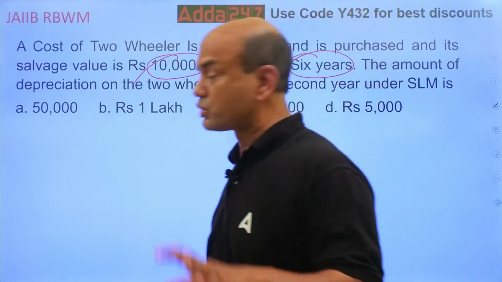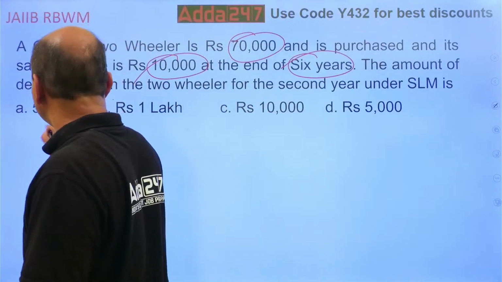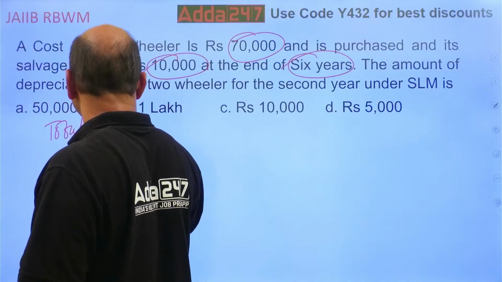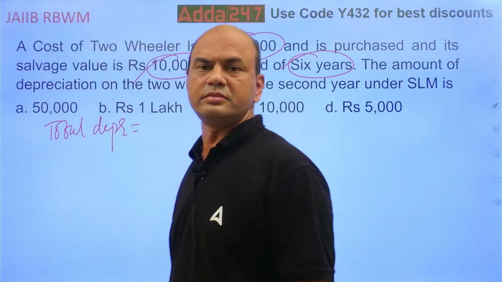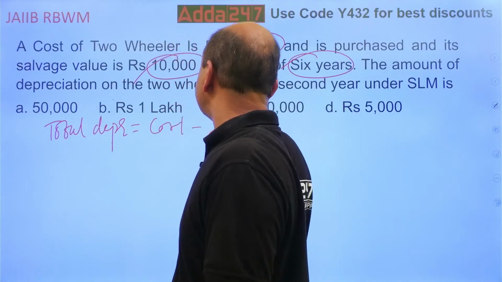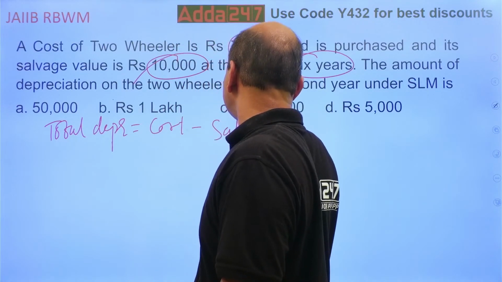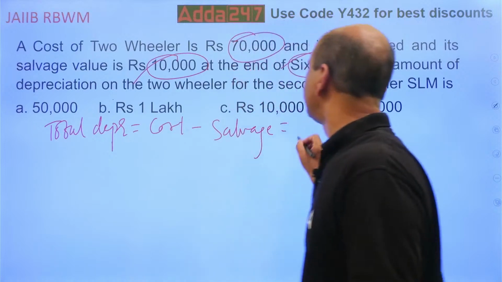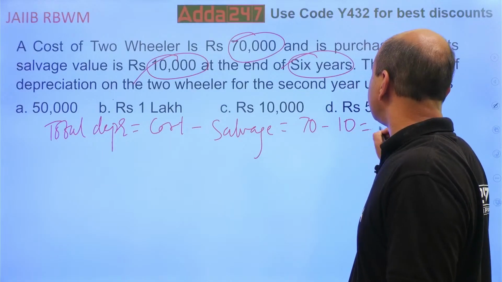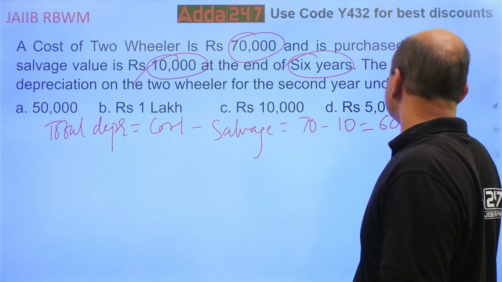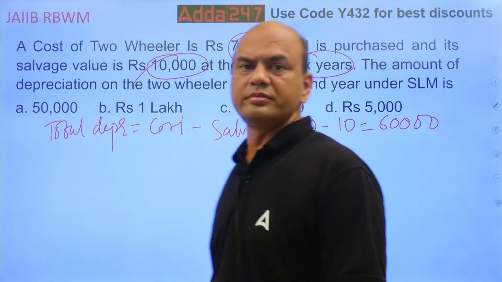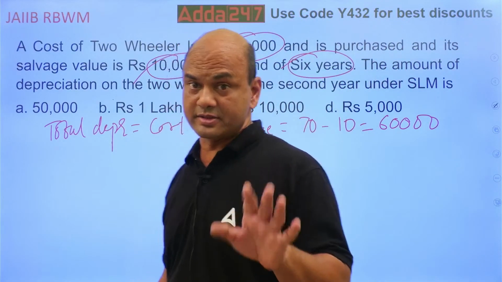Total depreciation is equal to cost minus salvage. That is 70 minus 10, which is 60,000. So net depreciation is 60,000.